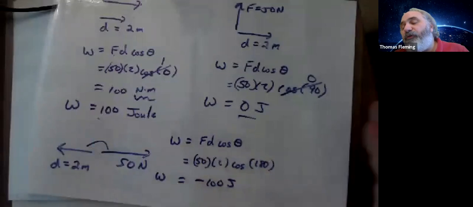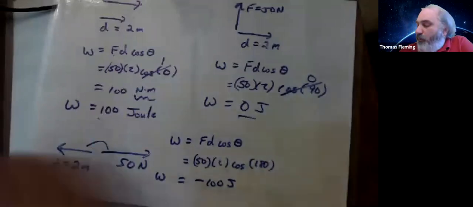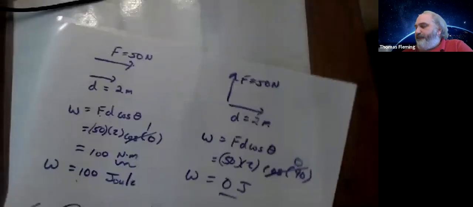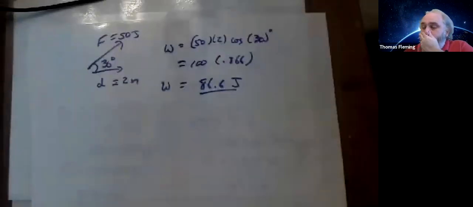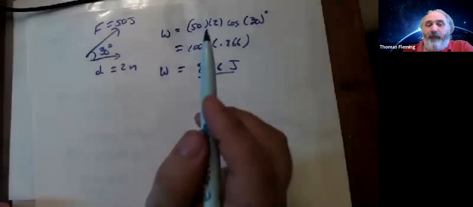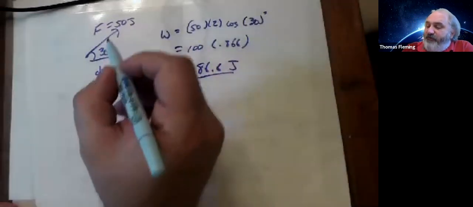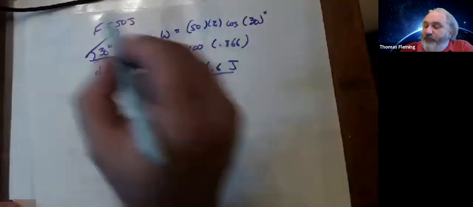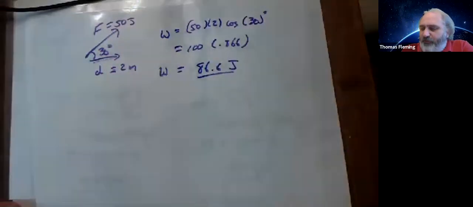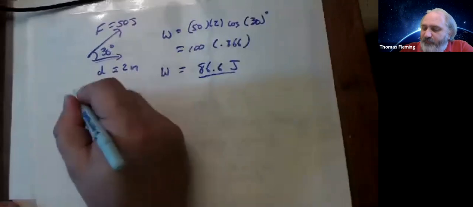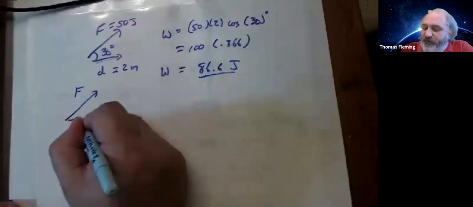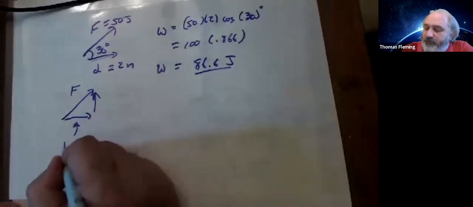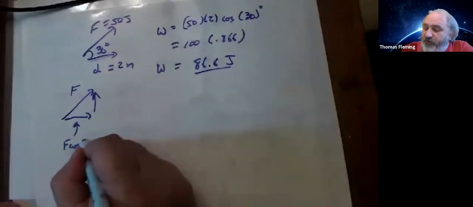And this also gives me a way of interpreting why we're using this cosine of theta to begin with, because let's think about what this is really doing, right? If I'm looking at this, what I've got is I'm multiplying D times F cosine 30. But what is F cosine 30? Well, if this is F, and I break F into X and Y parts, the X part is F cosine of 30.